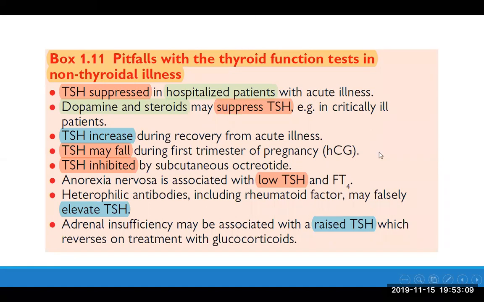TSH is suppressed, of course, in any hospitalized patient. In most hospitalized patients, this is a case of non-thyroidal illness or sick euthyroid syndrome. TSH will be low, but actually the first parameter to be affected is T3.